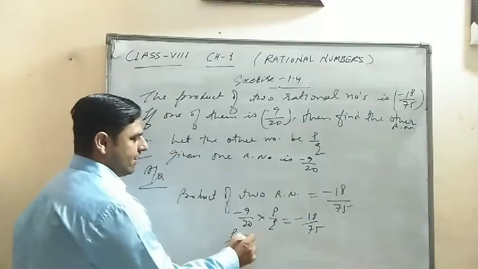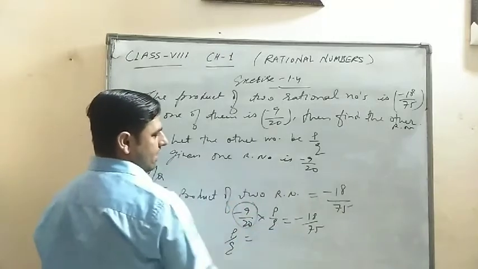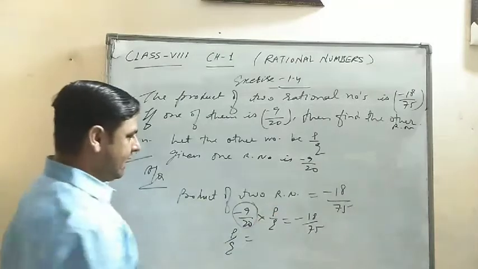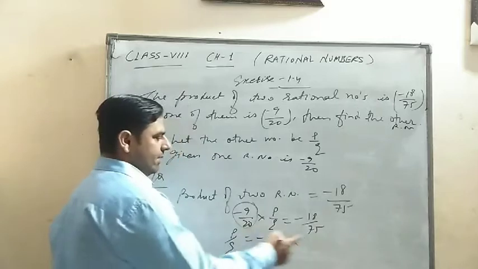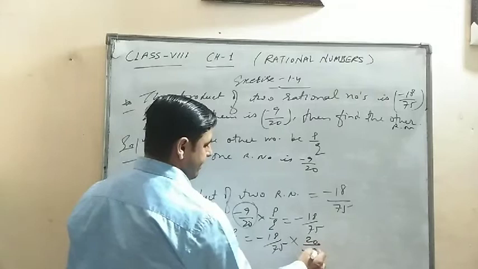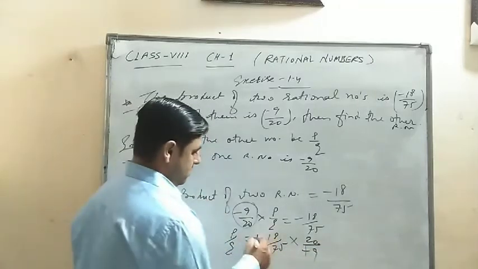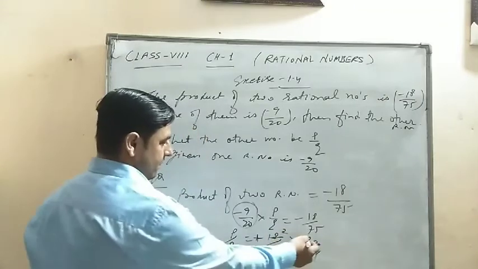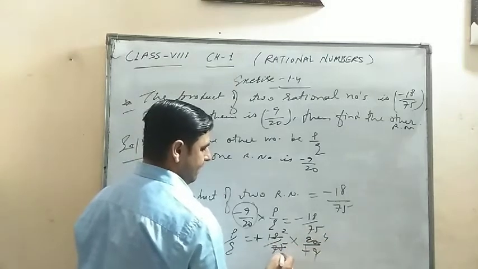So here P by Q is equal to, this number will be transposed to the corresponding side. Now its numerator becomes the denominator and the denominator becomes the numerator. So minus and minus cancel out. 9 2 is 18 and 5 4 is 20 and 5 1 is 5, 5 5 is 25.